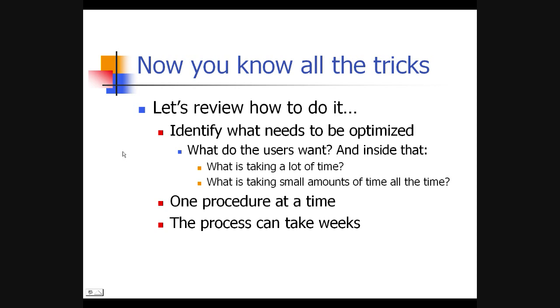So optimization is an extremely tedious process, but if you do it well, you can have a result that is a 90% time reduction. I did. I worked on this, again, very big project. It was more than 600,000 lines of code.